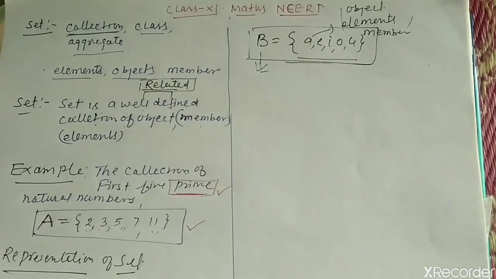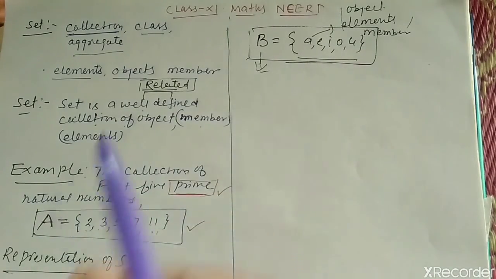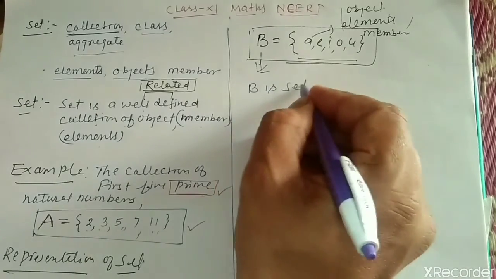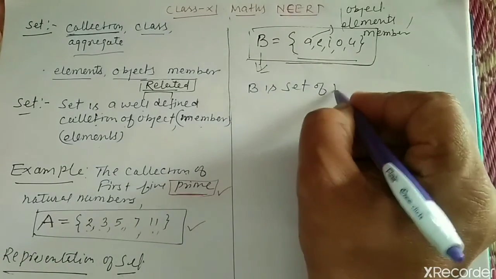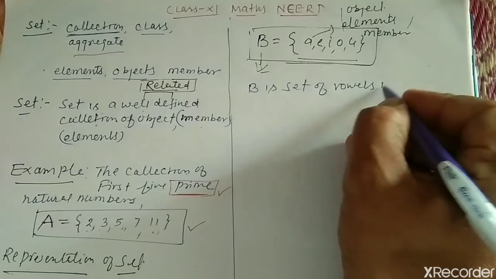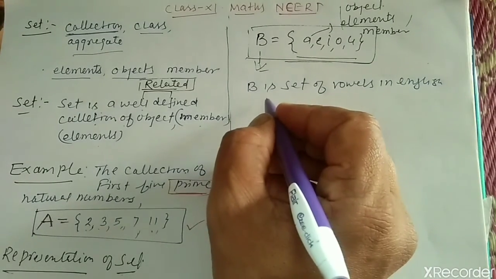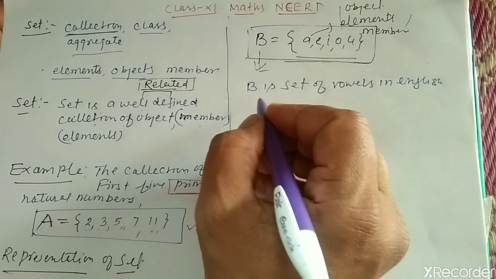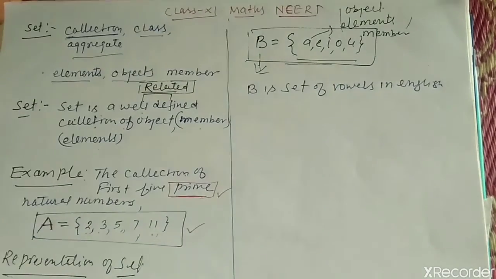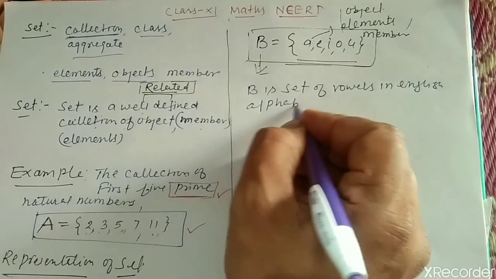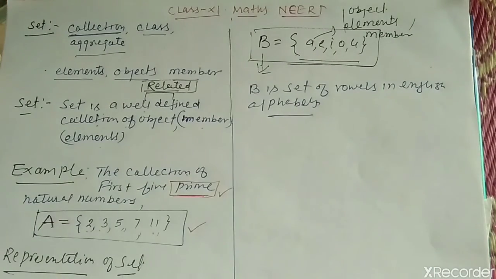So in a single line we can write it as B is a set of vowels in the English alphabet. Clear? In my next video, we will discuss description of set.